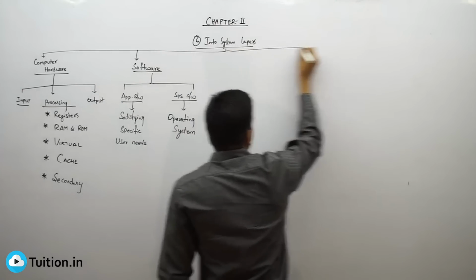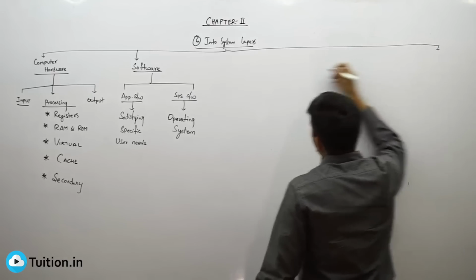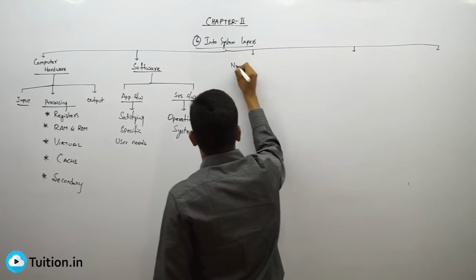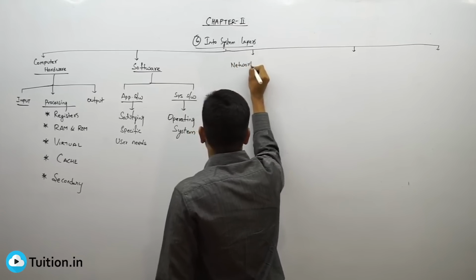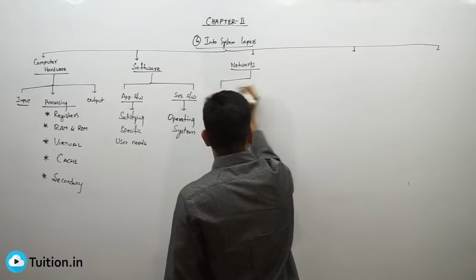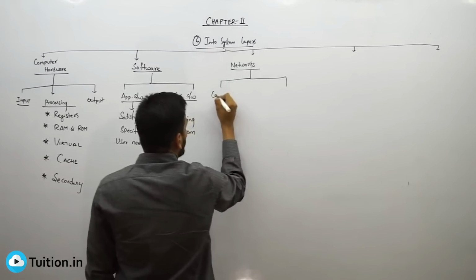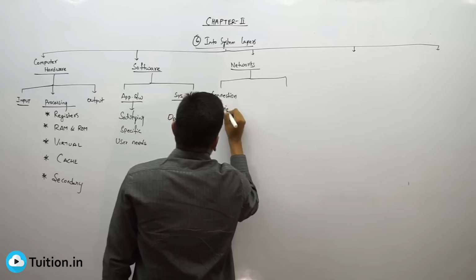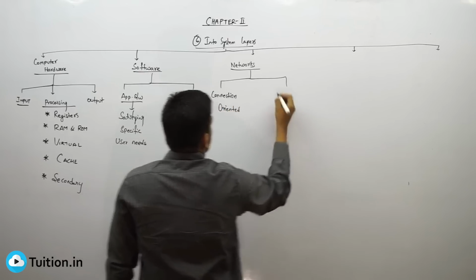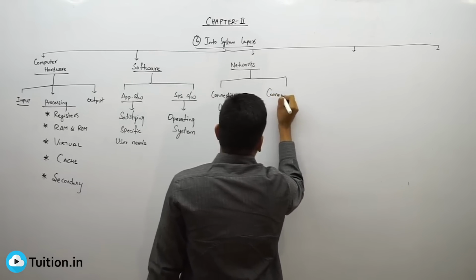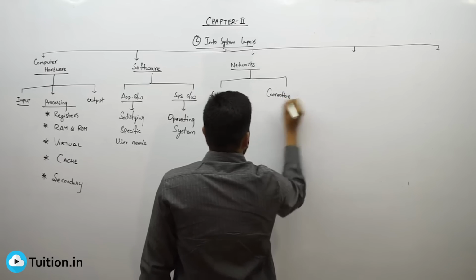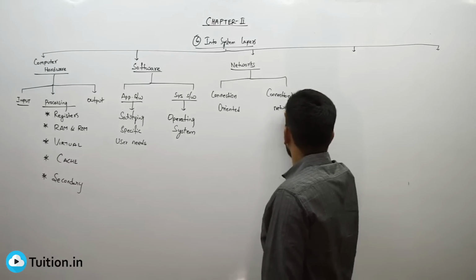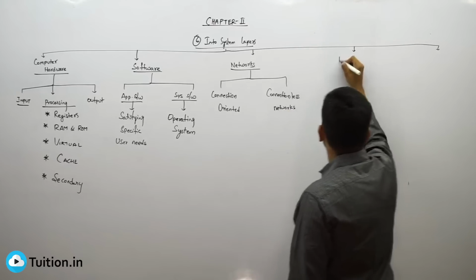Three parts. Then the other three parts are, the next part is about networks, very important in connectivity. There are two types of networks here: connection oriented networks and connectionless networks. Then we talk about data.